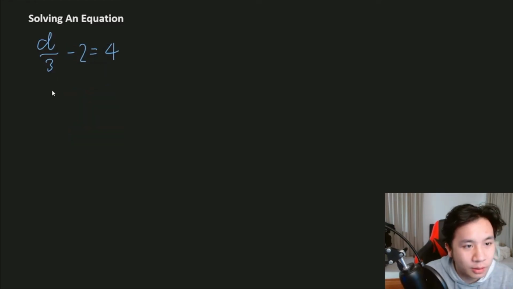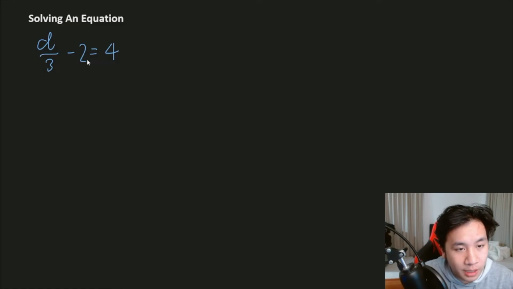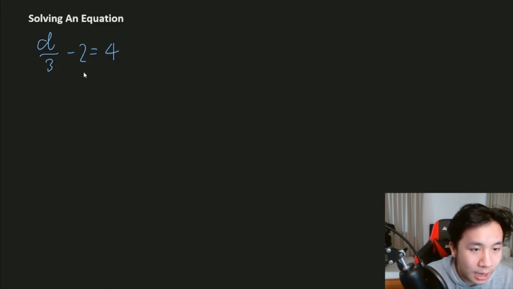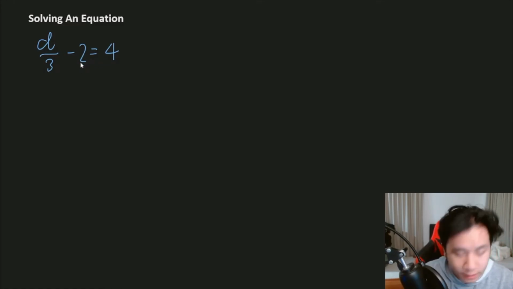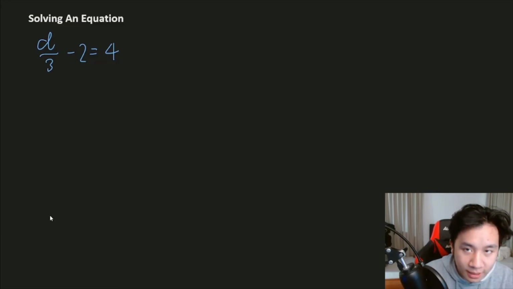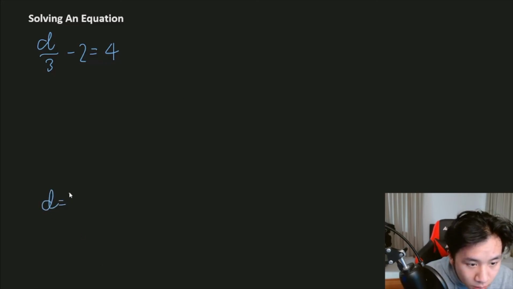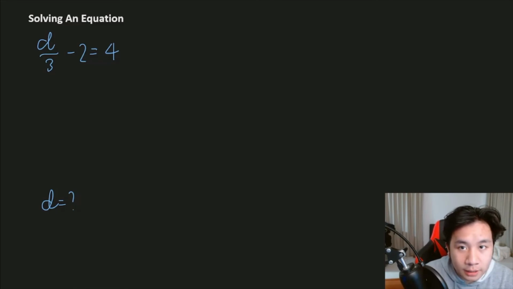Let's look at another equation. So we have d over 3 minus 2 equals 4. In this case, you want to get rid of this minus 2 and this 3, and at the end of the day, you get d is equal to a number. To do that, you want to get rid of this minus 2 first.